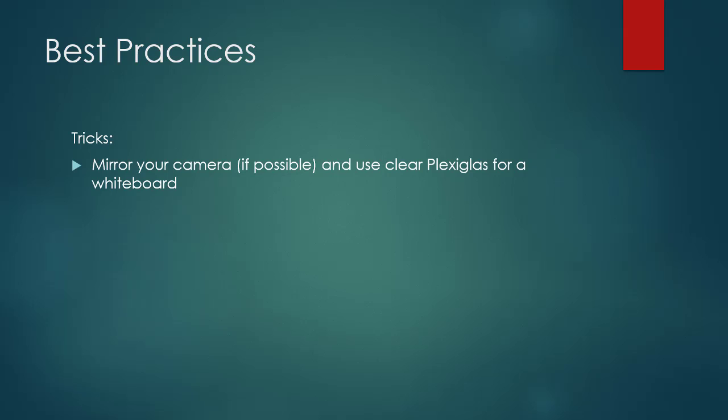This can be done really cheaply. However, you need a little bit better camera for that, perhaps. Your standard webcam may not work. But again, that's trial and error and something you can think about. So clear plexiglass and erasable markers, if you are the chalkboard/whiteboard type instructor.